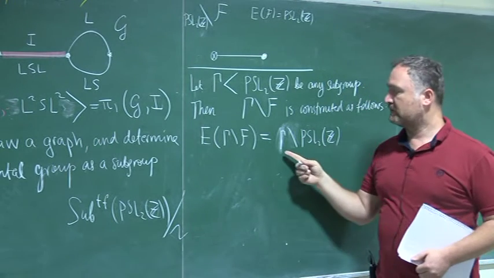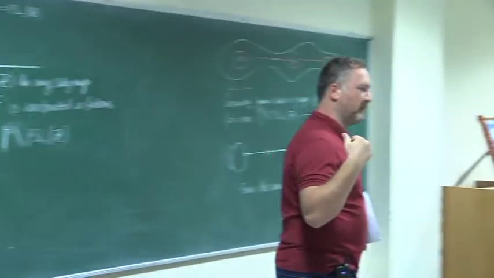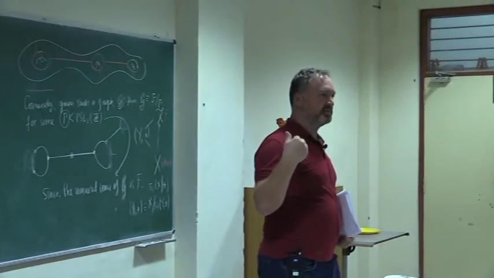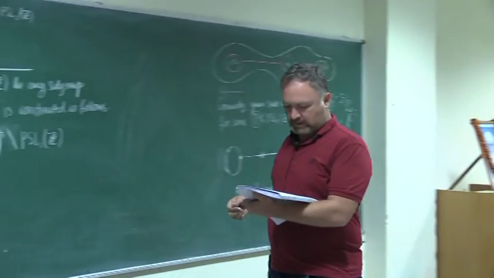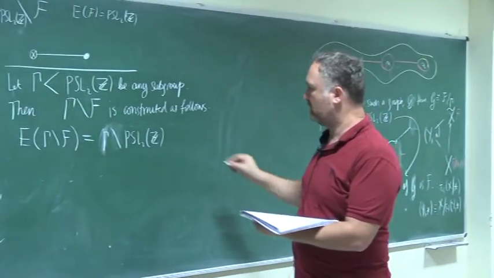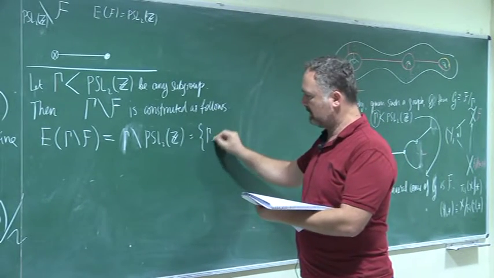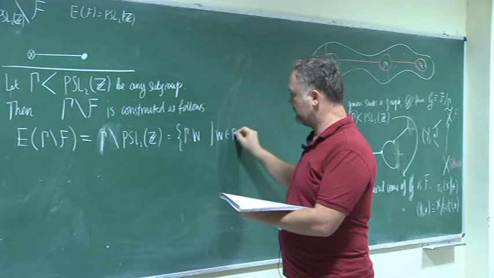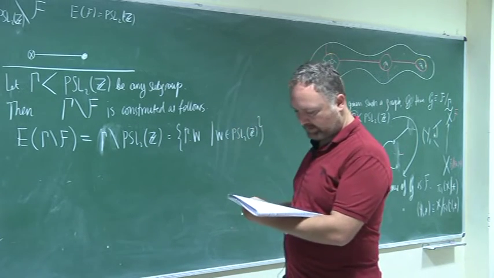So in general, this is not a normal subgroup, so the quotient is not a group. In that case, I consider only the set of cosets of gamma. Equivalently, this is the set gamma times W, where W is in PSL2Z.